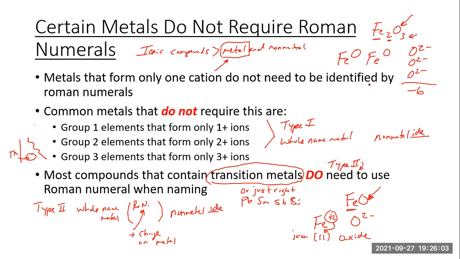Remember that when you put together something positive and negative, you want to make sure the overall charge is 0. So to balance out the -6 from the oxygens, each of these irons would have to be +3. That gives you +6 if you add them together, balancing out the -6. The name here would be iron Roman numeral 3, because of the charge. Even though there are multiple oxygens, it has no effect on the name, and it is just oxide.